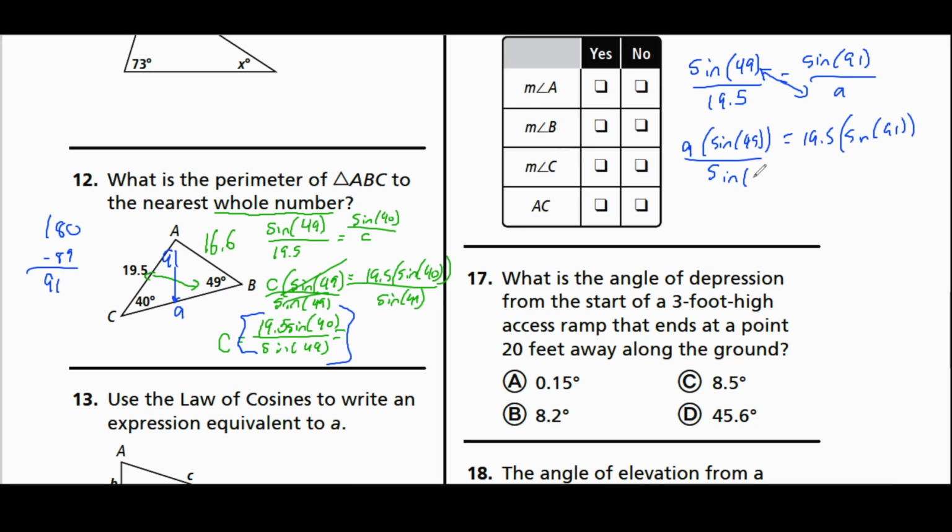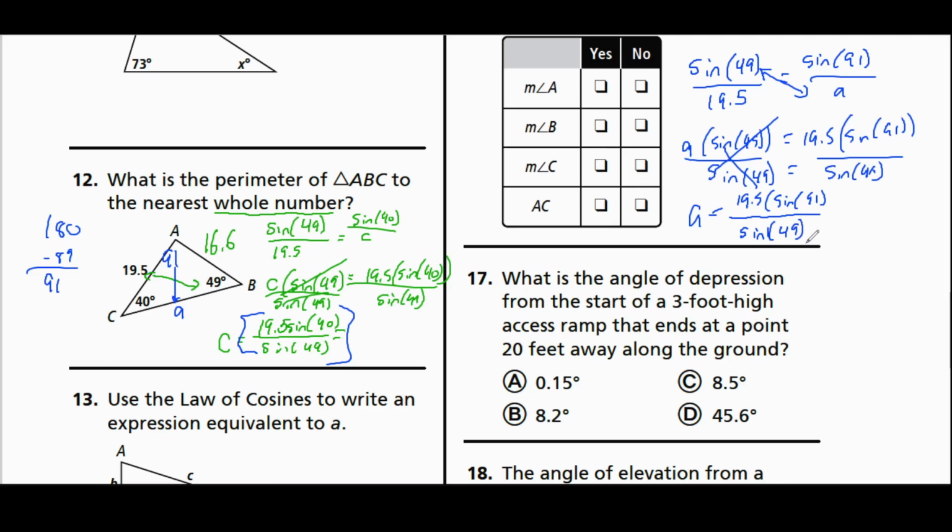Divide both sides by sine 49. That leaves me with A equals 19.5 sine 91 over sine 49.